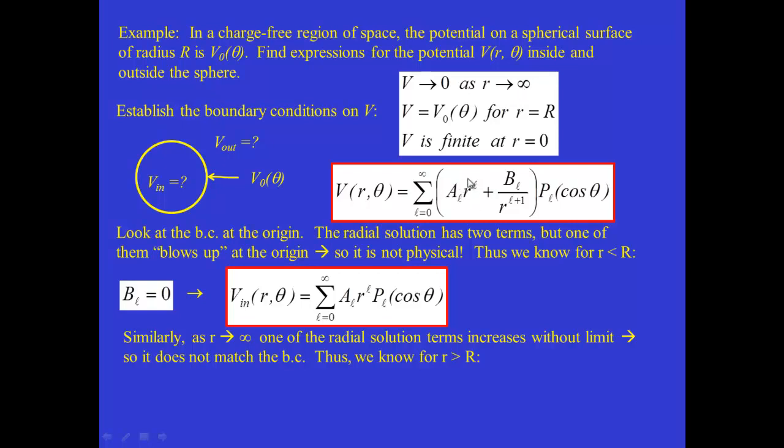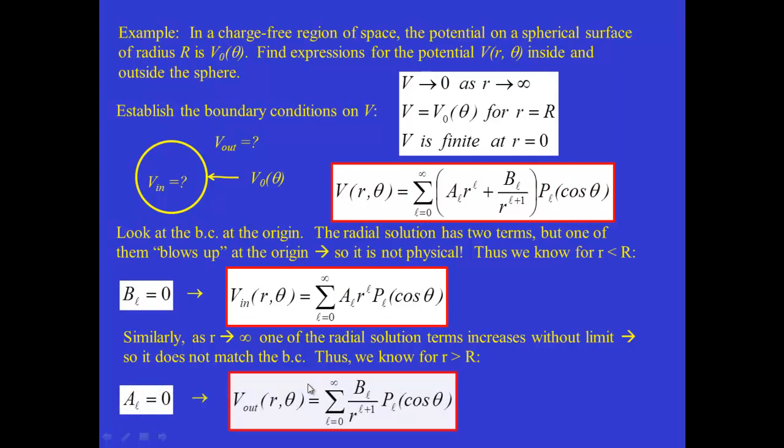A has to be 0, or else the overall electric potential will not tail off towards 0. So for little r greater than big R, the A sub L term is 0, and that gives an expression for V out that involves just the B terms and not the A terms.